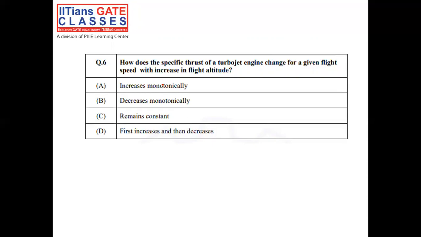Okay, so the thrust of a turbojet engine is denoted as T equal to m dot times (V_e minus V_i), where m dot is the mass flow rate inside the engine.